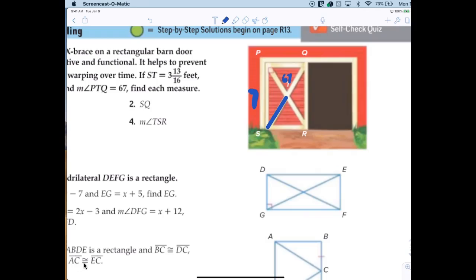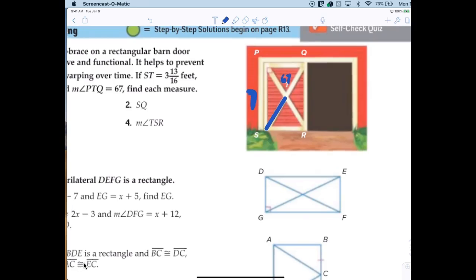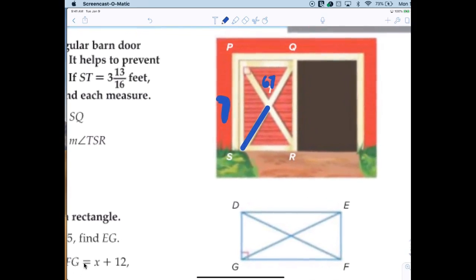Now, what is true? Somebody tell me what's true about PT, ST, TR, and TQ. They're all congruent. So I need you to see that those are all congruent. And if those are congruent, then what's true about those angles here and here?